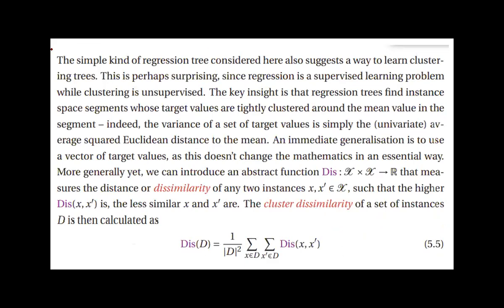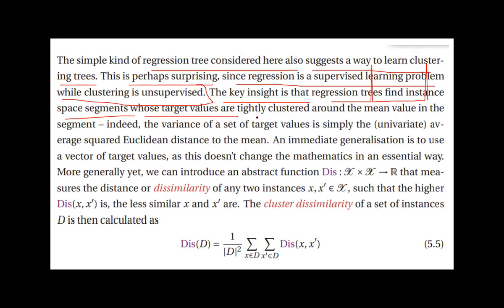The simple kind of regression tree considered here also suggests a way to learn clustering trees. This is perhaps since regression is a supervised learning problem, while clustering is an unsupervised problem. The key insight is that regression trees find instance space segments whose target values are tightly clustered around the mean value in the segment.